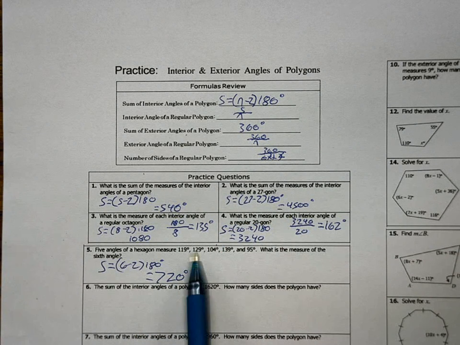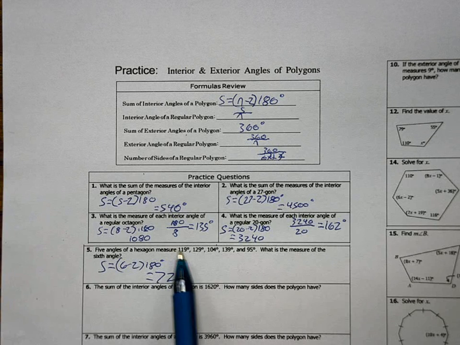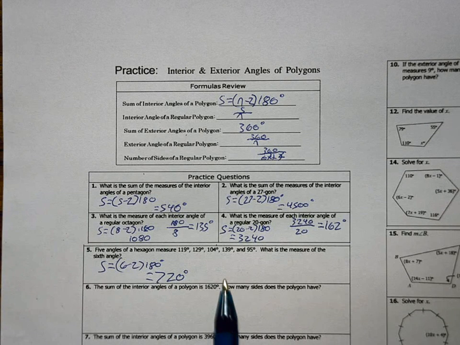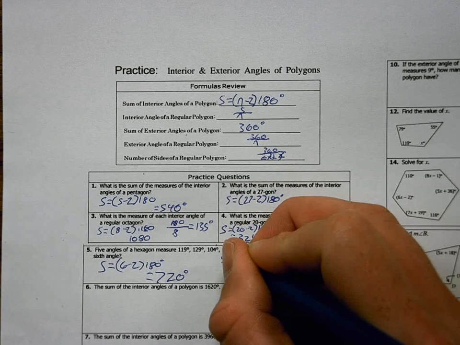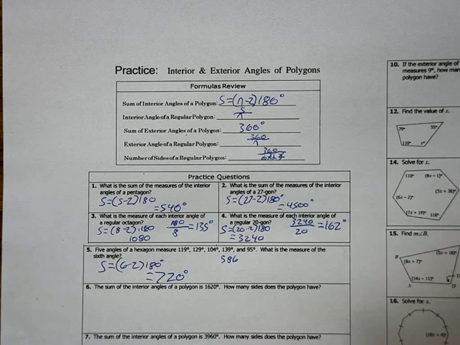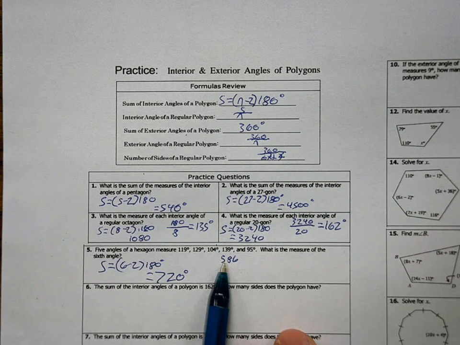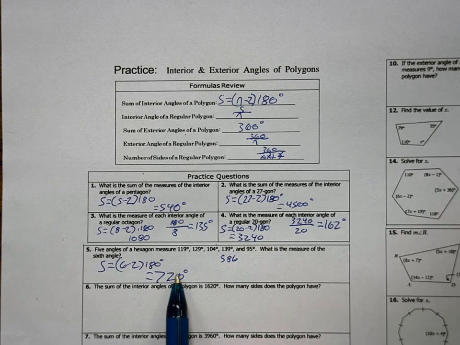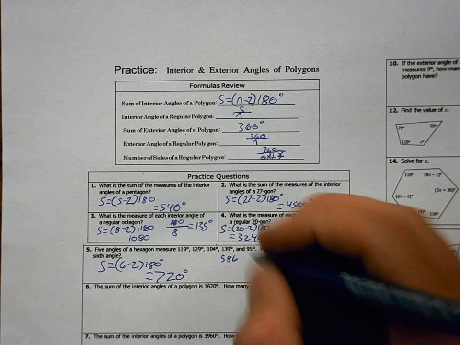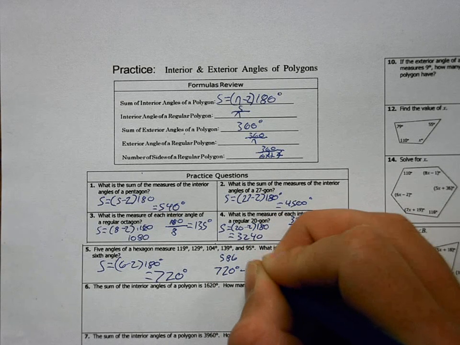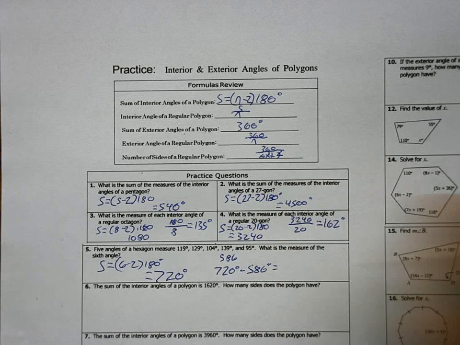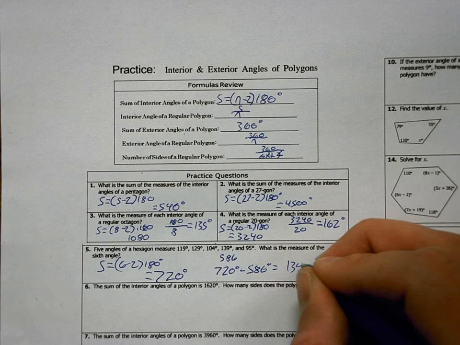Now I want to add all of these up. I get 586. So if I take 720 and subtract 586, because this is 5 of the 6 angles, I'll find out what the difference is for the last angle. So 720 degrees minus 586 degrees, get 134 degrees for that missing angle.